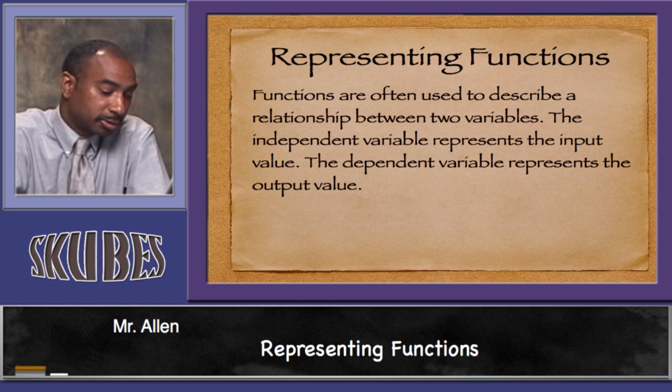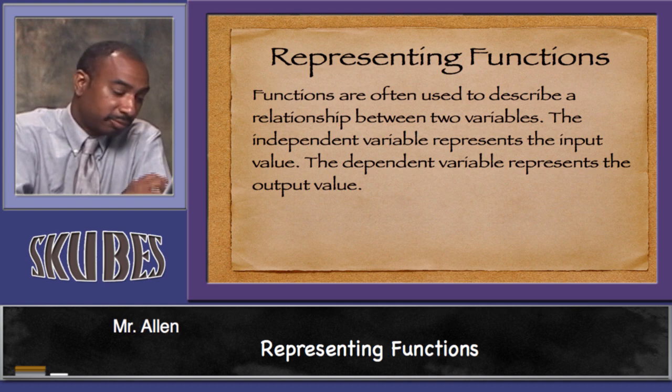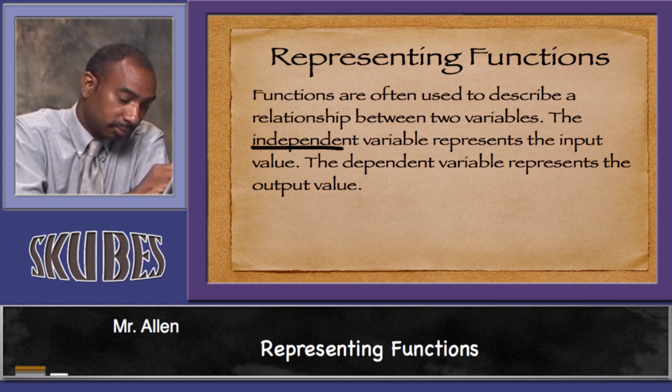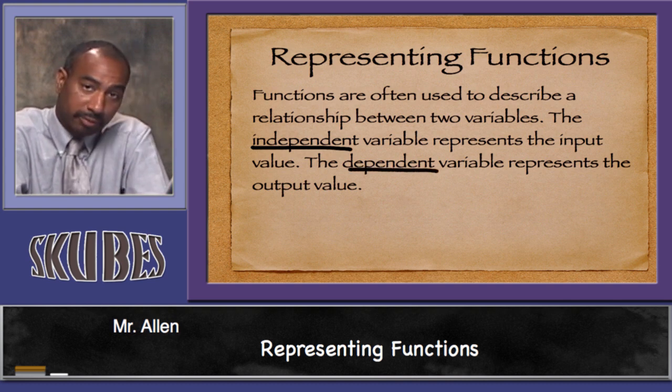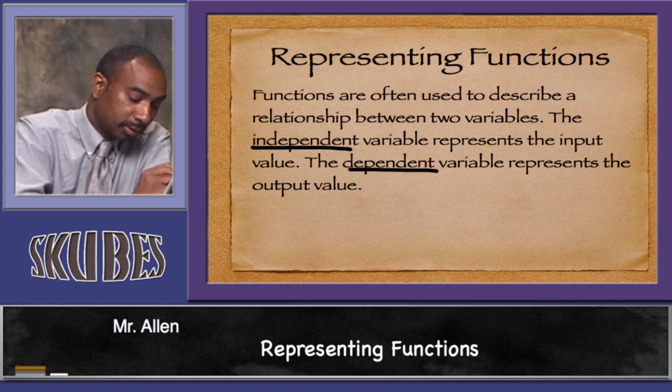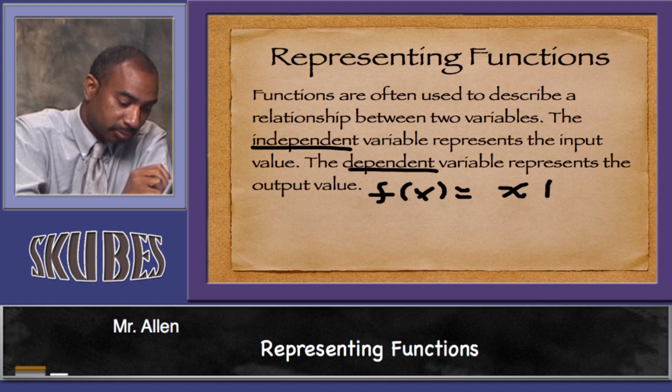Functions are often used to describe a relationship between two variables. The independent variable represents the input value. The dependent variable represents the output value. So I'm going to write what I wrote before, that f(x) equals x plus 1.